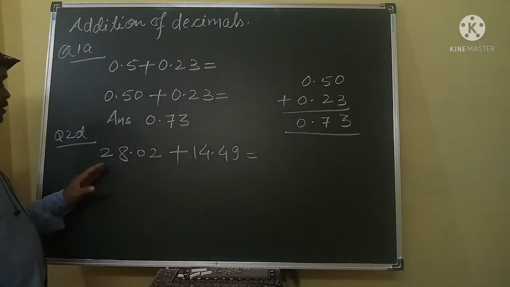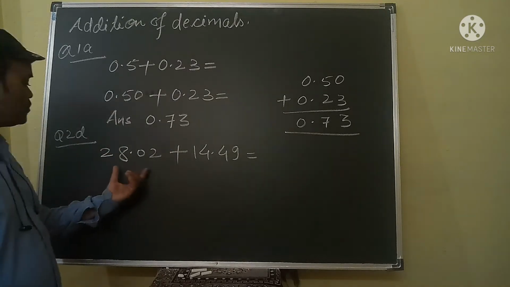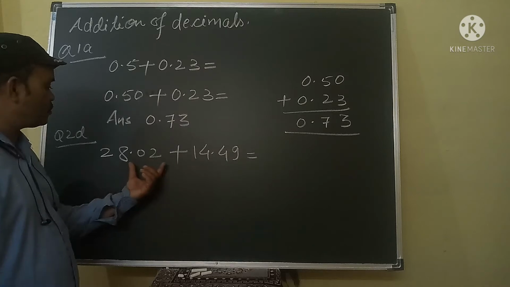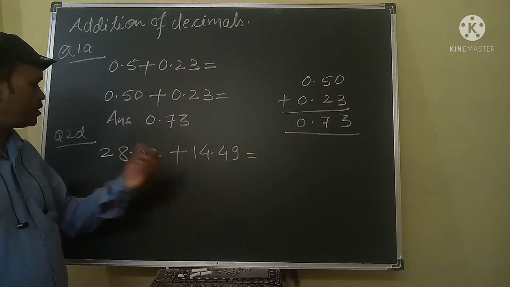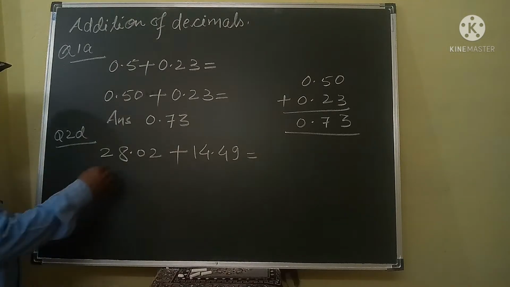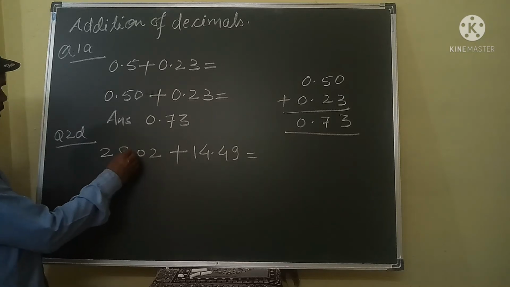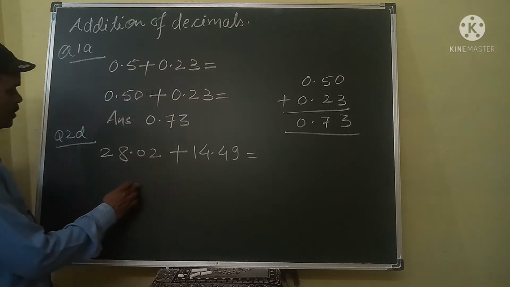We will add these two decimal numbers. These two decimal numbers are like decimals. That's why after the decimal point the number of digits is equal.